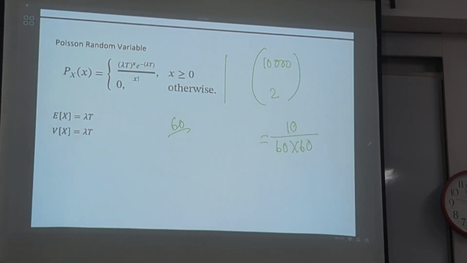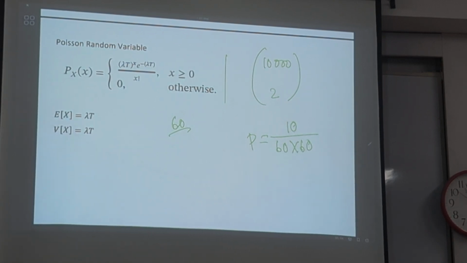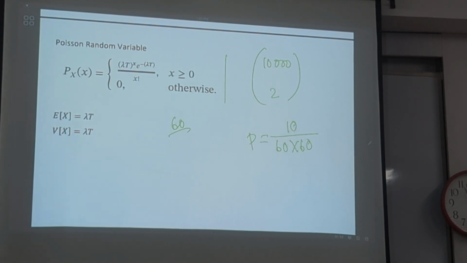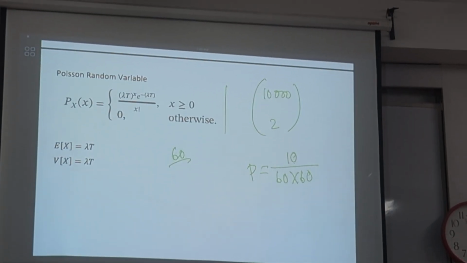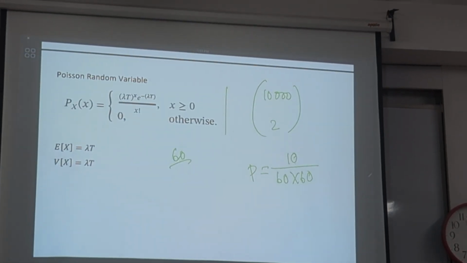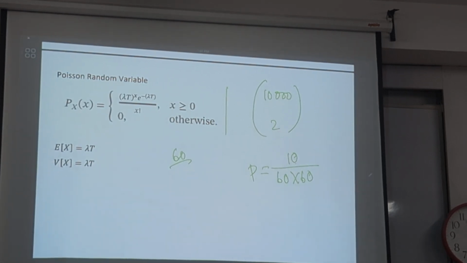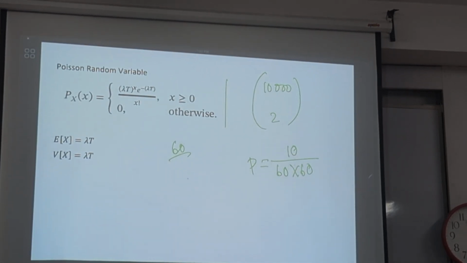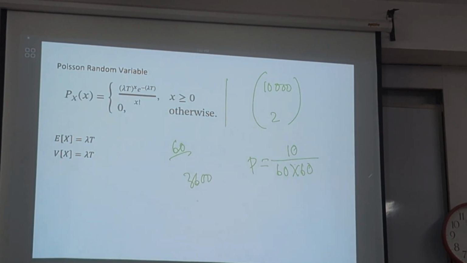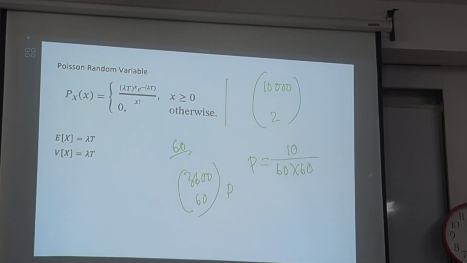So this is the value of it. Then you can apply the binomial, so there are 60 trials to the power 60.